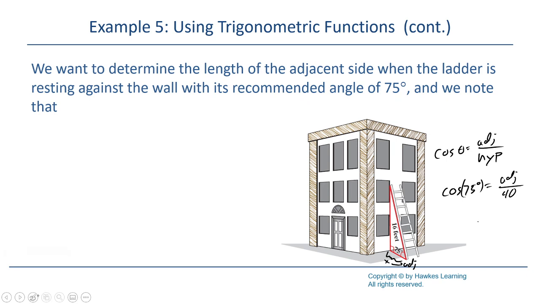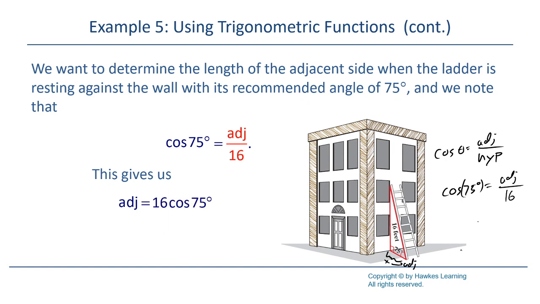I still got the last one in my head. So that's why we'll use cosine of 75 degrees. Then once we do that, multiply 16 on both sides. That's going to give you adjacent by itself, which is going to give you roughly 4.14 feet.